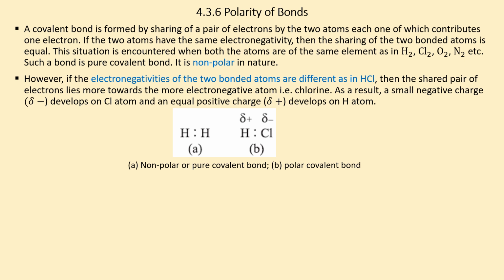Figure A shows the non-polar or pure covalent bond and figure B shows a polar covalent bond. So here you can see delta plus on H and delta minus on Cl.